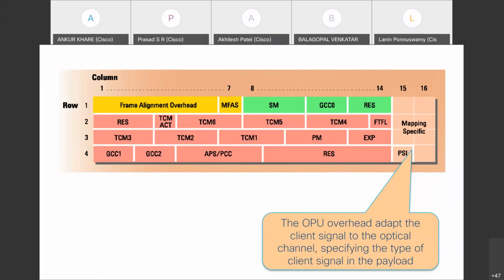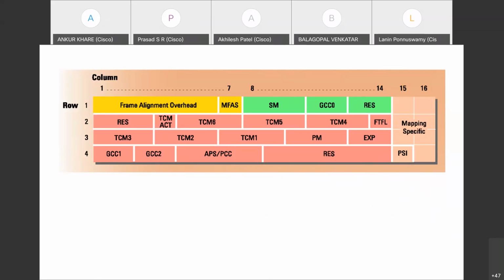It will tell what type of payload I'm carrying. Because for L1 technology, we don't go within that data. We just rely on the overheads, and we just take care of the physical layer. So on the physical layer itself, we have to monitor the alarms, errors, and performance of the link.